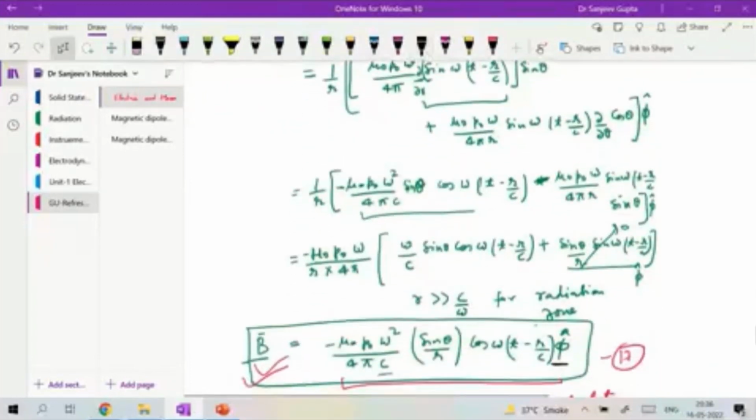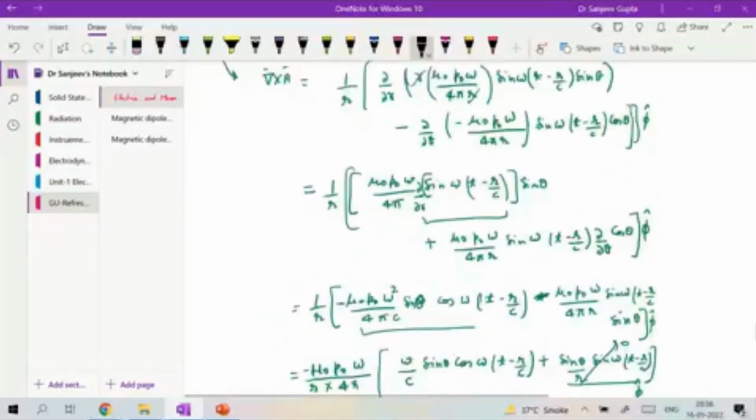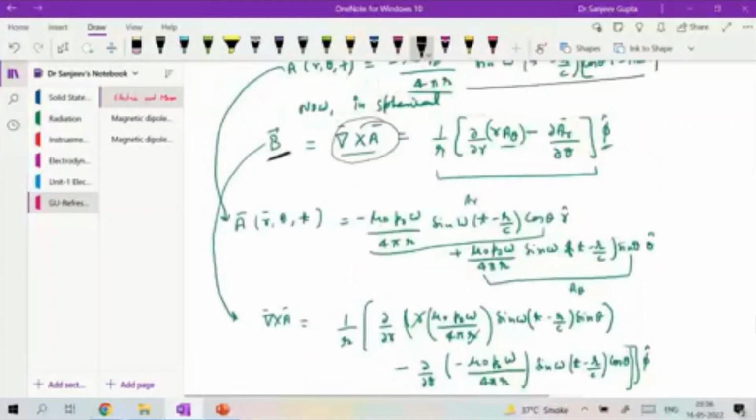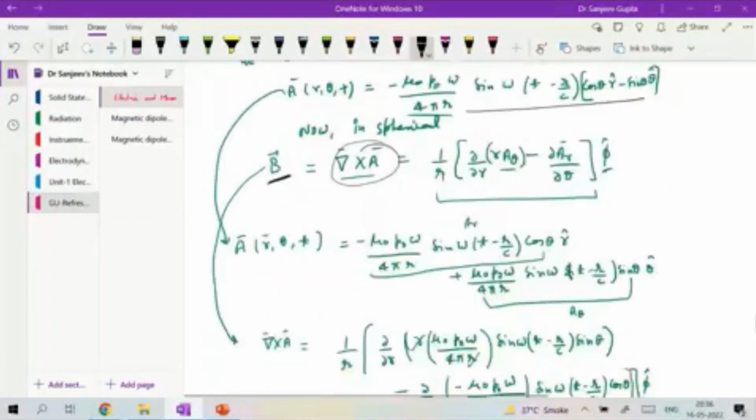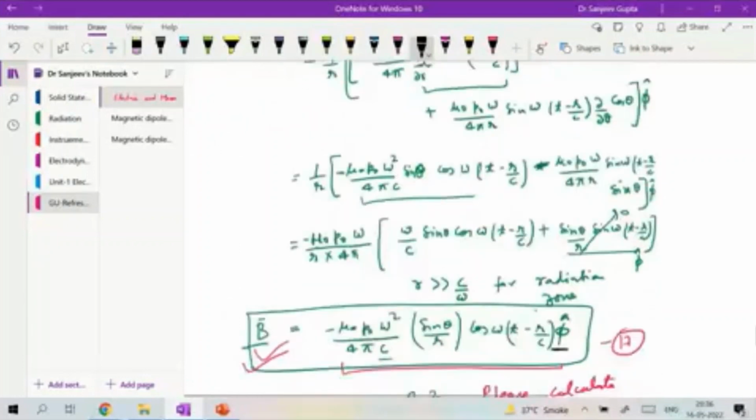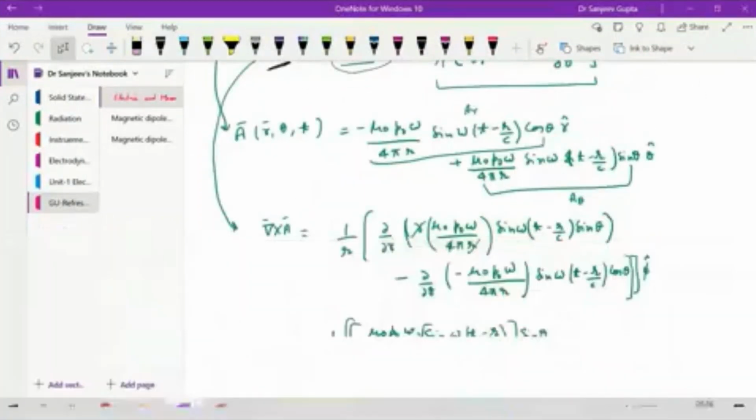For the radiation zone you are getting that the magnetic field B is minus mu 0 p0 omega square upon 4 pi c, sine theta by r, cos omega t minus r by c, and that is phi dependent. Equation number 16, the previous one, is for the electric field, and this is for the magnetic field, equation number 17.